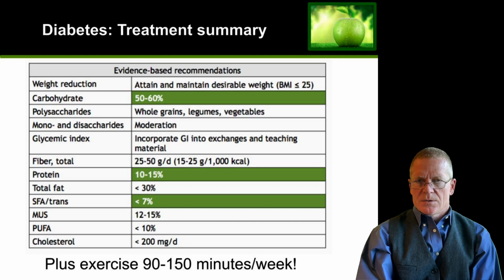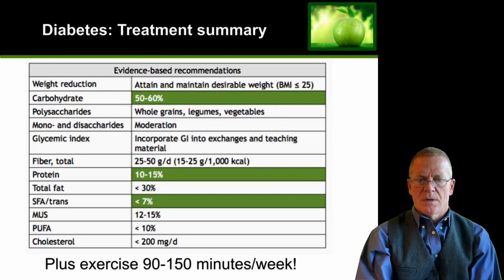Moderate simple sugars, mono and disaccharides. Eat high fiber foods. Increase your fiber intake up to about 50 grams of fiber per day. Moderate your protein intakes. Keep them in that 10 to 15% range to keep some of the pressure off your kidneys, because the damage from diabetes can damage kidneys. So you want to reduce the stress on your kidneys by not eating too much protein.